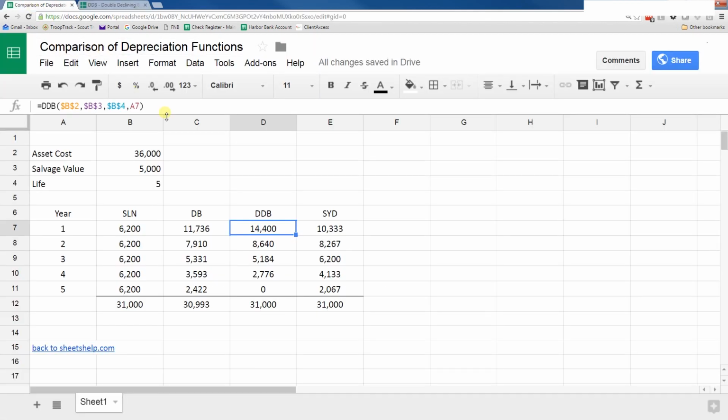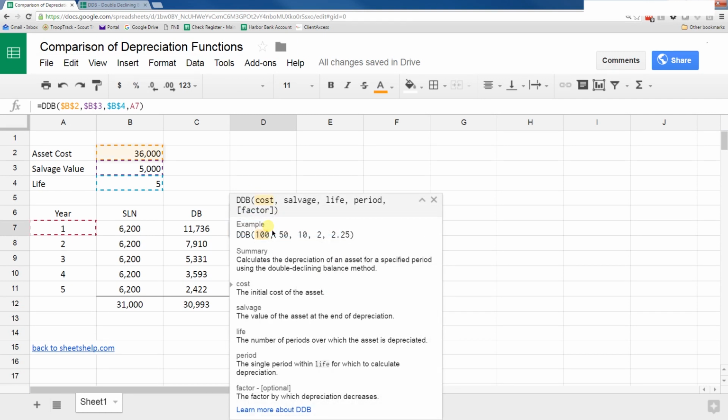Double declining balance, like the name says, depreciates it even faster in the beginning and slower in the end. In this particular example, it's already done after year 4. So year 5 is going to have a 0 depreciation expense. So look at the formula for double declining balance. It's very similar to the inputs for declining balance.